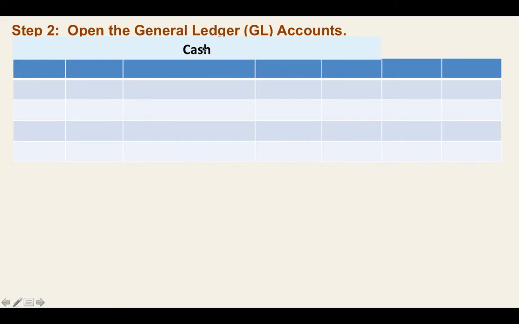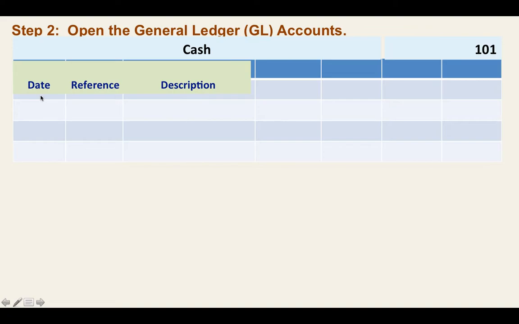And what is the information in the general ledger? The information will be the name of the account, which is cash, the account code, and columnar information: the date, the reference, the description, the debit, and the credit. So actually, the general ledger monitors the debit and credit entries of an account.